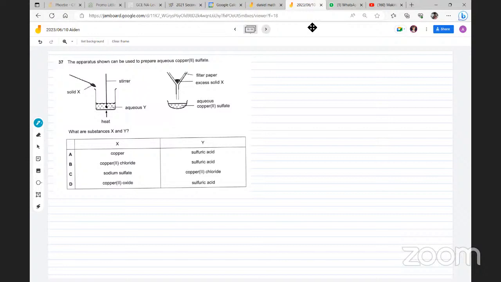A salt preparation question. Now, what do you think? They're very kind to tell you that this is solid, this is aqueous. Very kind. Good.